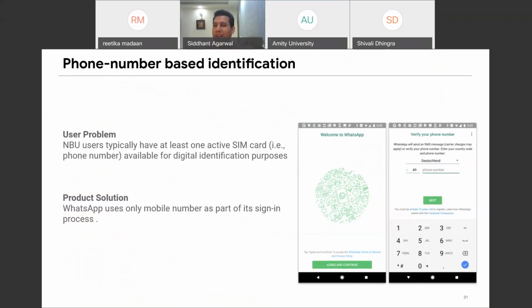It didn't use any email ID. No authentication is required from email. You just need to have a phone number. You would have seen this: your parents, your grandparents, everyone is on WhatsApp. Even if they don't know how to use the internet, they know how to use WhatsApp, and that's what happened with the popularity and usage of WhatsApp.